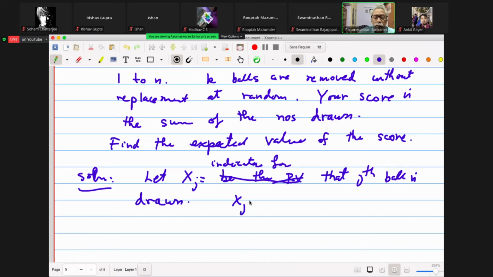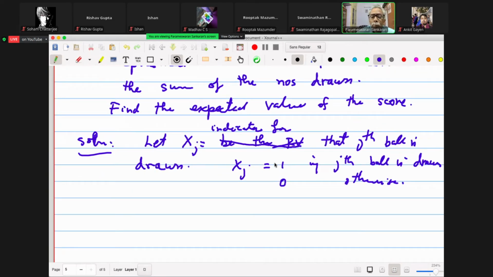That is, xj is equal to 1 if the jth ball is drawn, 0 otherwise. Or in fact, you can do it either way. Do I want it to be this, j? Because my score is going to be the sum of these things. Total score, let us denote that by S.